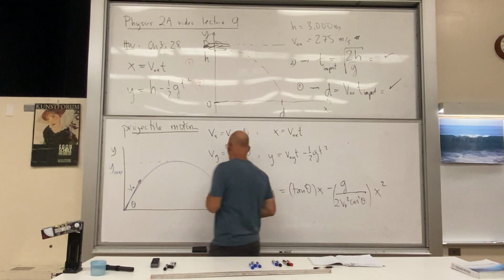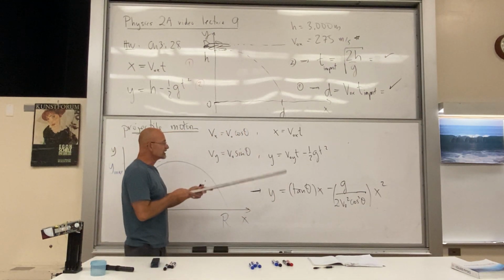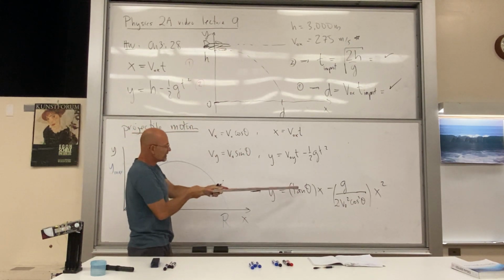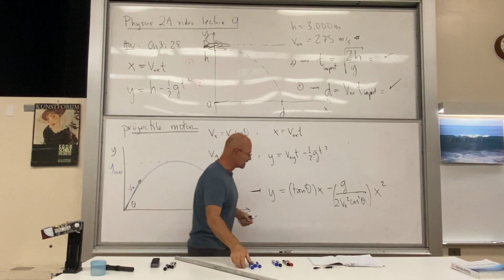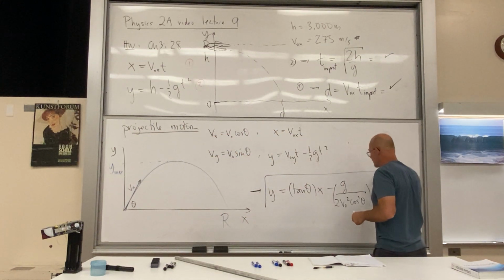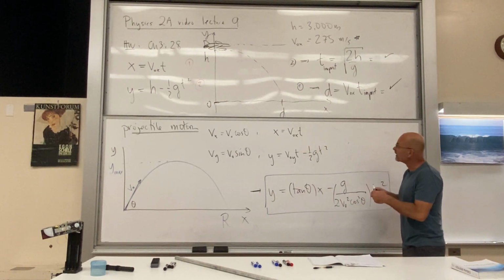So that was the formula for the trajectory. These, of course, can be used individually, independently, the way we just did up here, but now we have a formula for the trajectory. And we had obtained the range formula before.